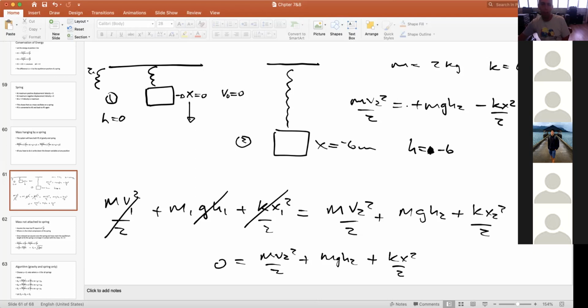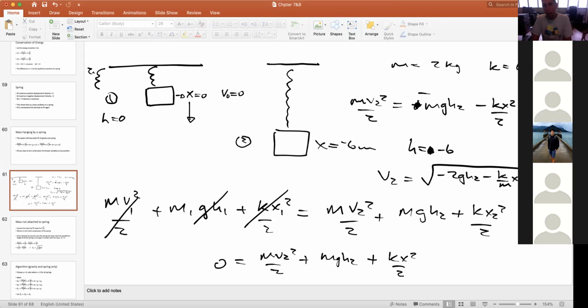If I multiply through by 2 over m, then I get that v2 is equal to the square root of negative 2 g h2 minus k over m x2 squared. Now, h2 is a 6, so that's 2.